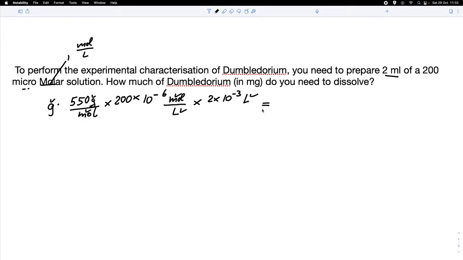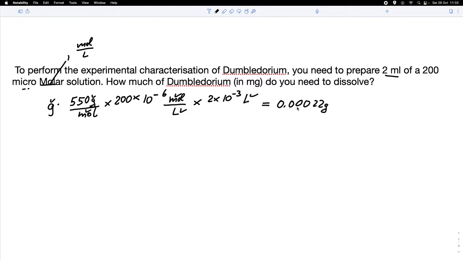So we can put this into a calculator, and if I have pressed the keys correctly, then it should be 0.0000002 gram.